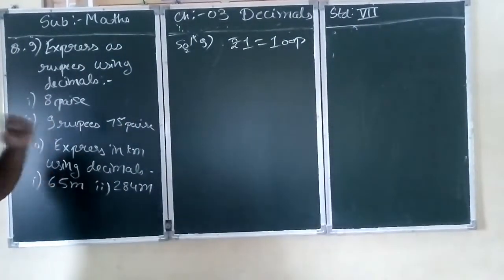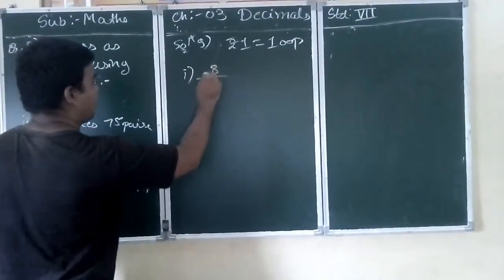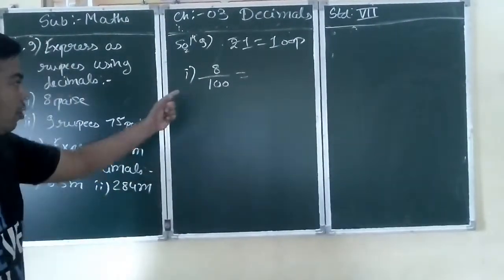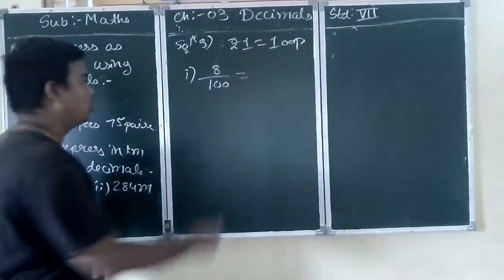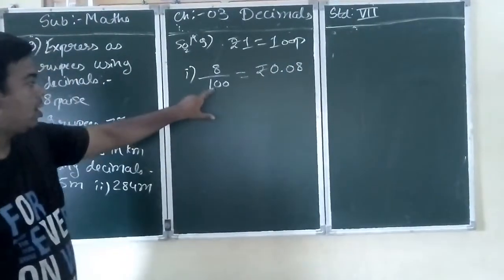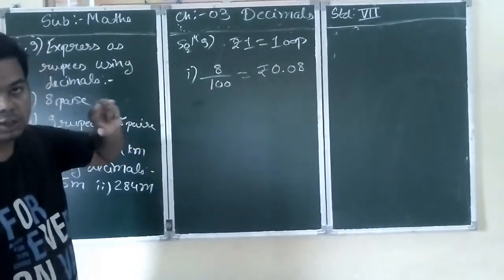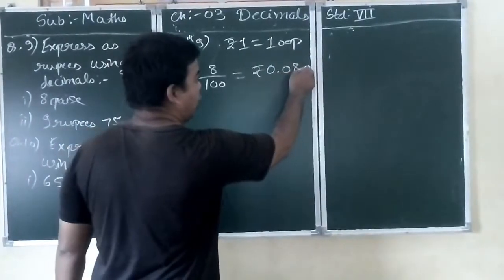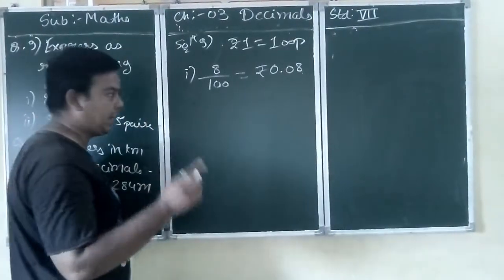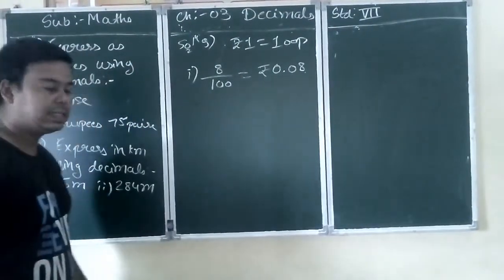So we divide this number by 100, that is 8 by 100, to convert paise into rupees. So rupee sign 0.08. 100 means 2 places of decimal part. We count from the last digit: 8 is in the hundredths place, so no number is there, so we put 0 and the decimal point, and the whole part is 0.